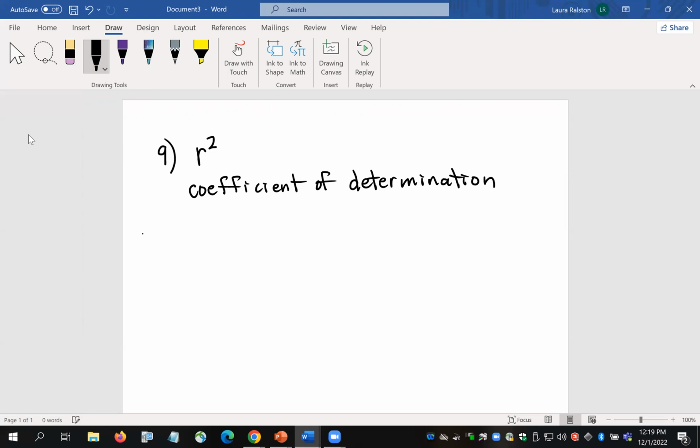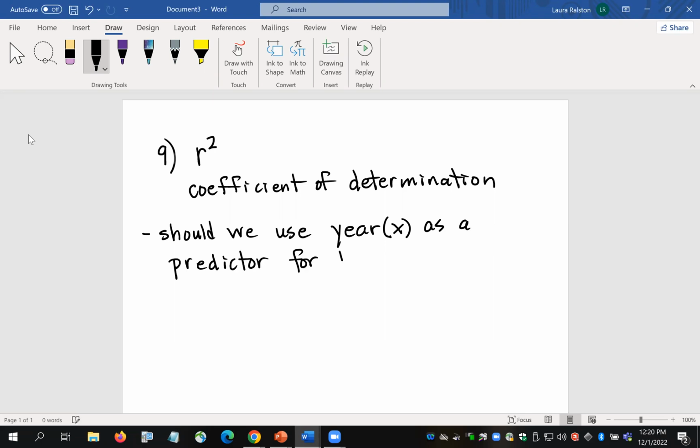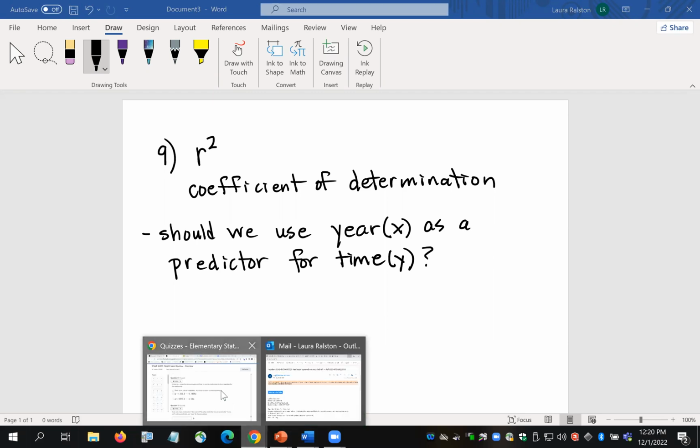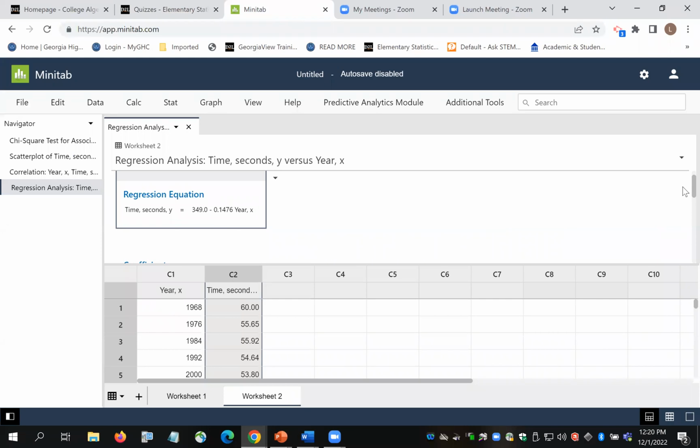It's again the question of, should we use the year, which is X, as a predictor for the time, which is Y? Is it even appropriate to look at that relationship? We determined there was a relationship, but is it a good, strong relationship? So again, we get R squared from Minitab under the header model summary.